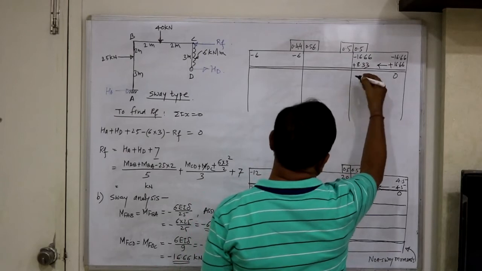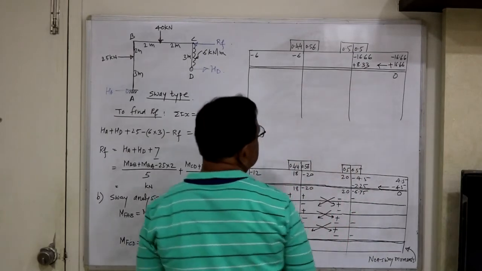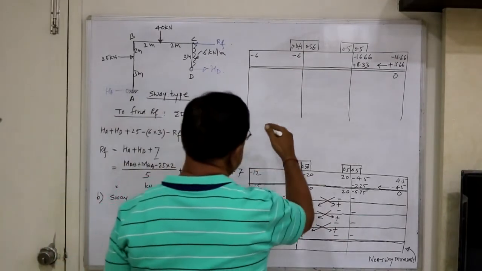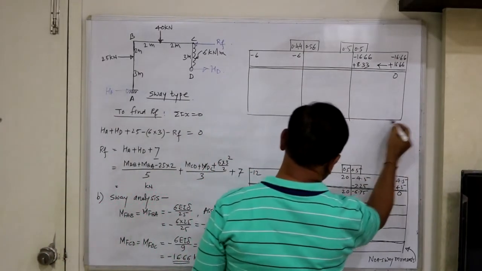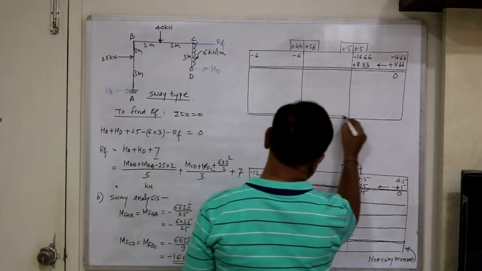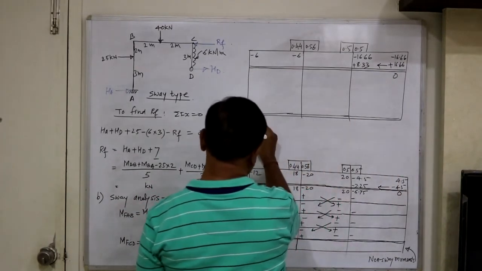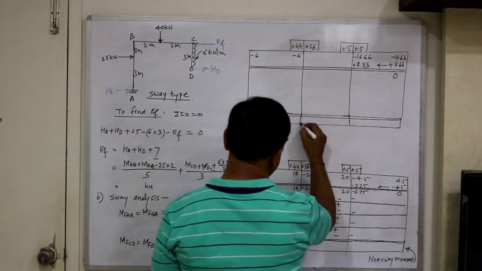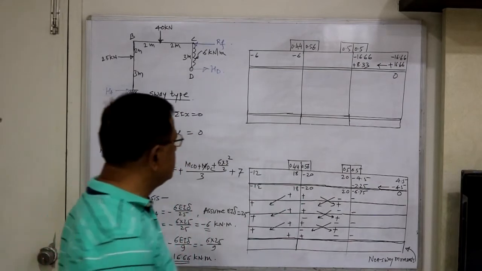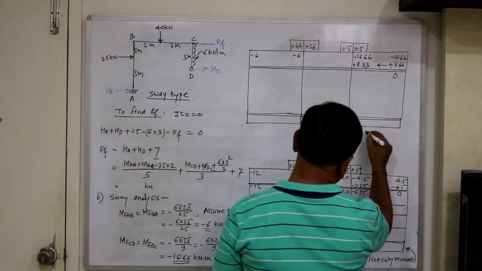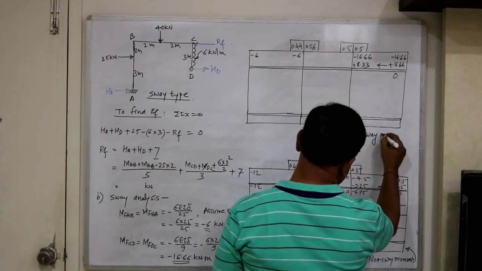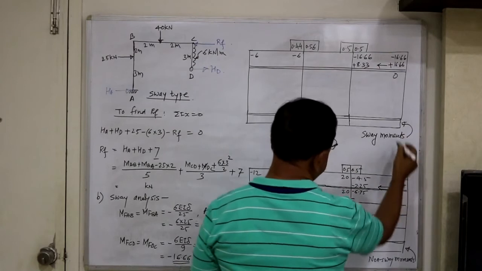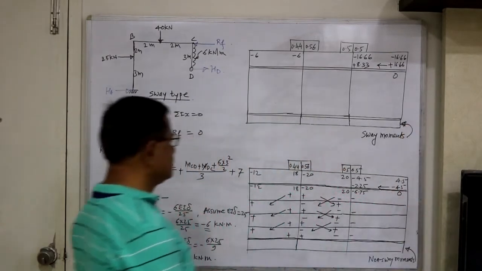You do all these calculations and you will get the initial fixed end moments, then balance joints B and C, and finally calculate the final moments after completing the moment distribution. You complete this entire process, and these moments are called sway moments.